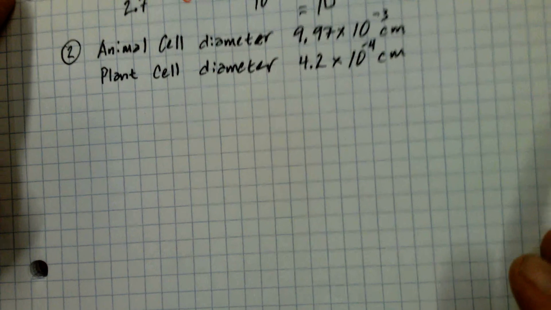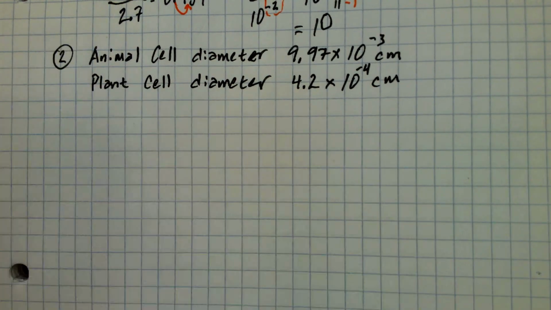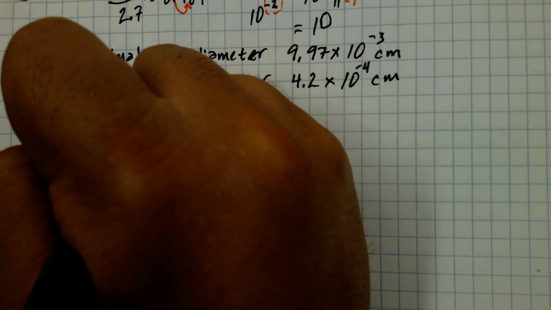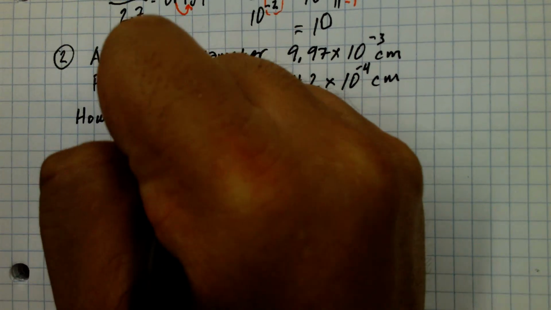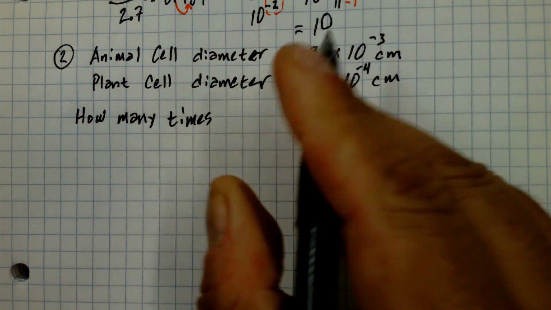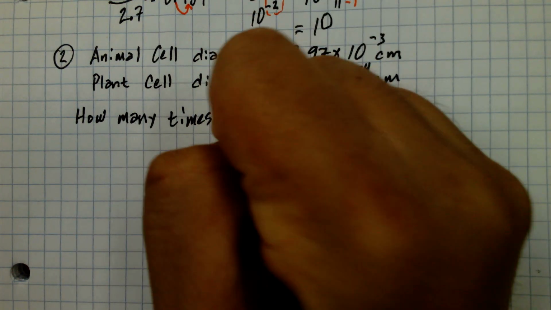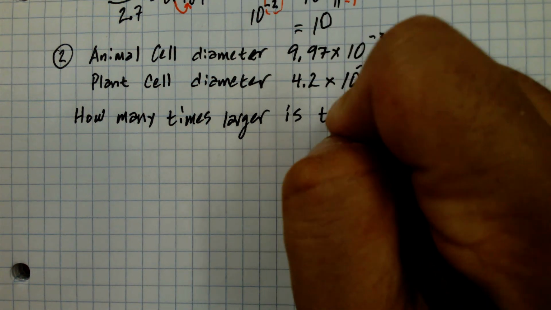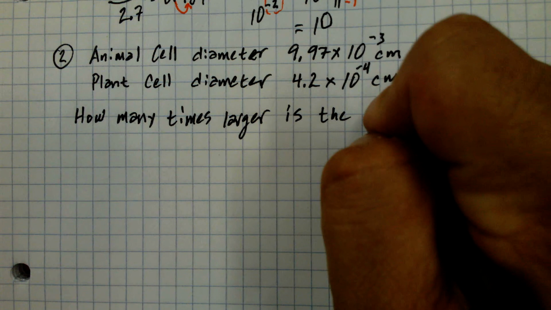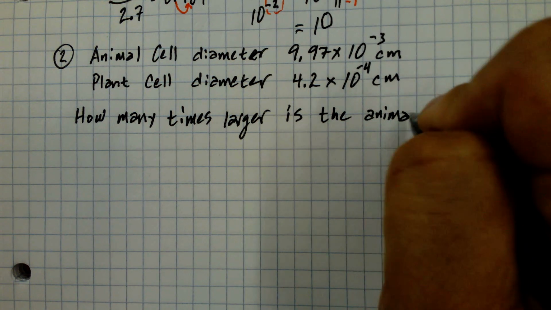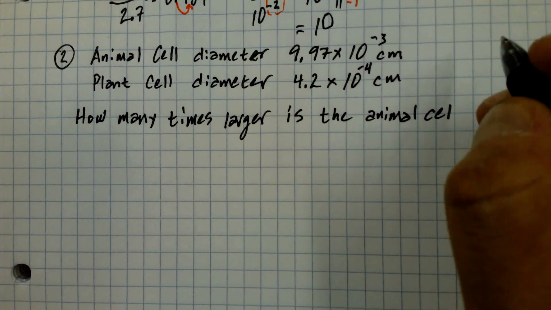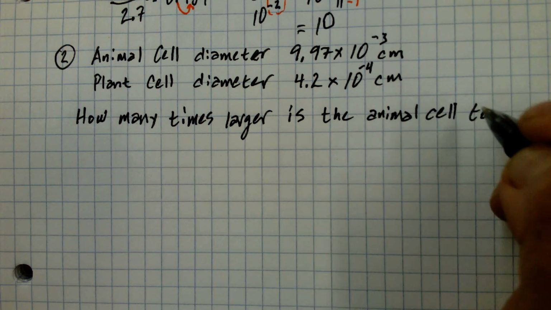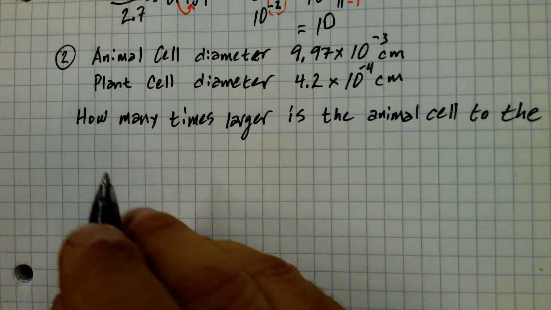So here's what we're going to find. Notice how I write this. How many times larger is the animal cell to the plant cell?